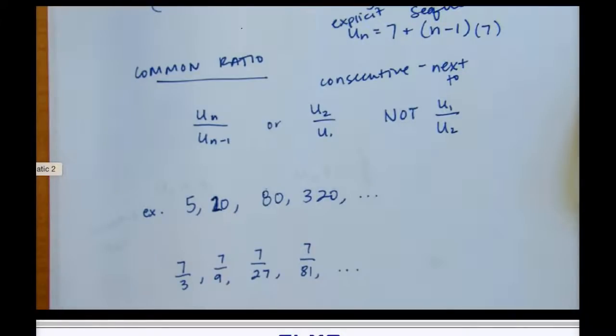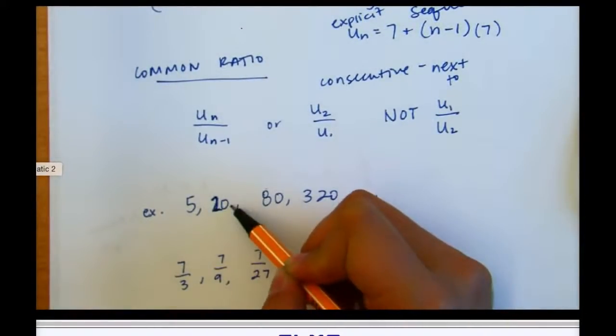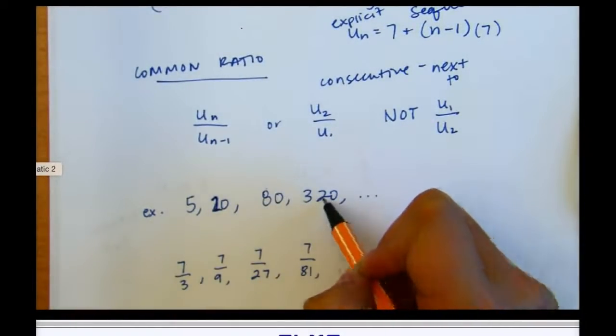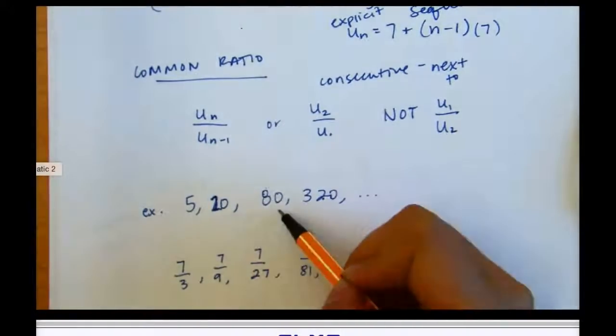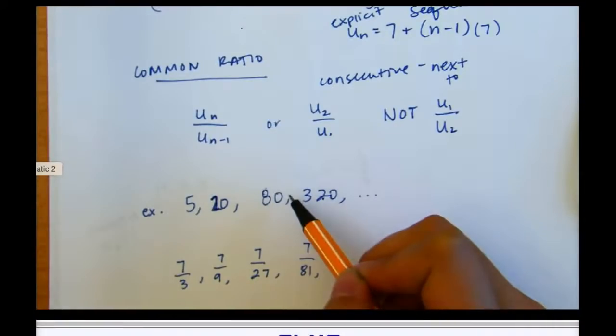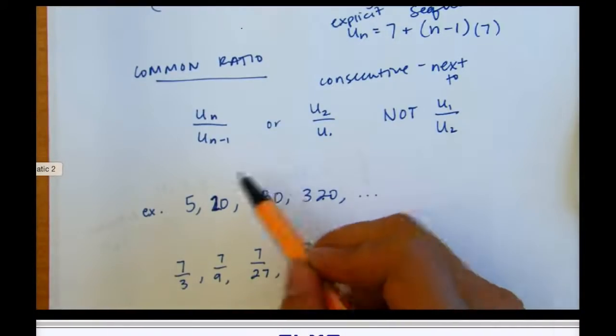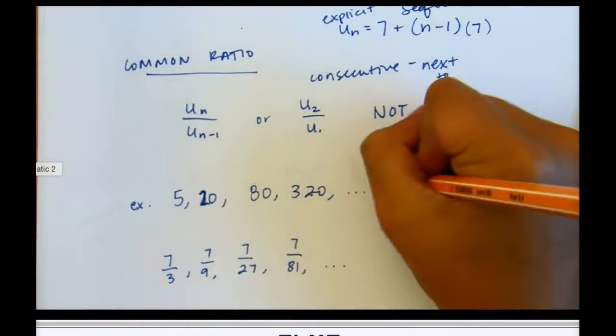So let's look at these two examples. In this first one, I've got a bunch of terms and I want to figure out what am I doing to get from term to term. I can take any of these consecutive terms, pick one of them, and you're going to divide it by the term right before. So for example, I could do 20 over 5.